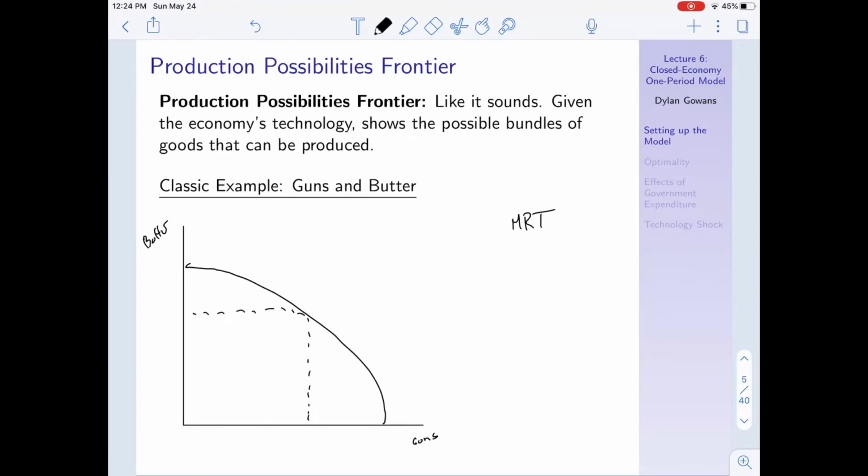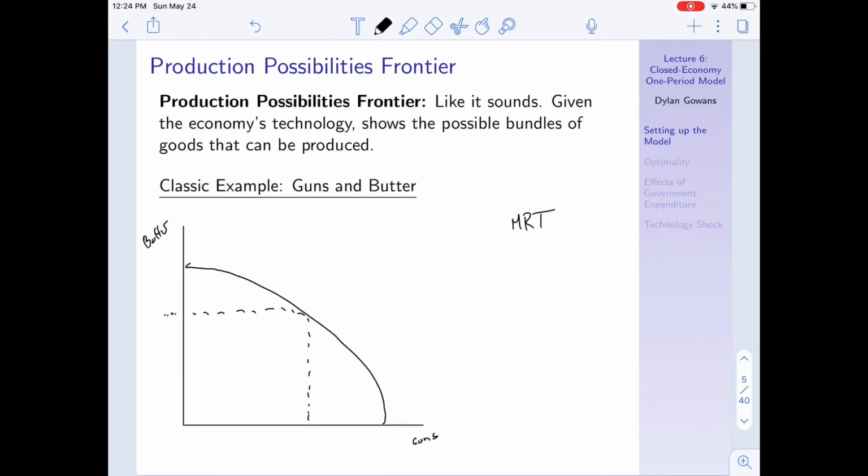Okay, so if I'm using some amount of the economy's total productive resources for guns, then those productive resources that remain, I use to produce butter, allowing me to produce this much.